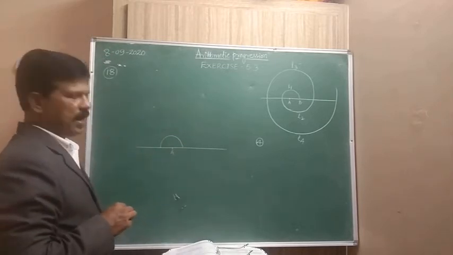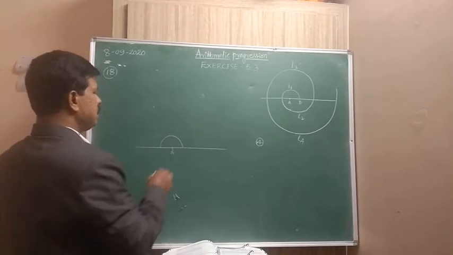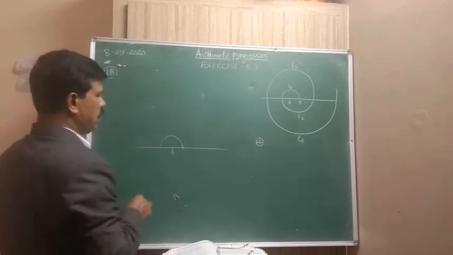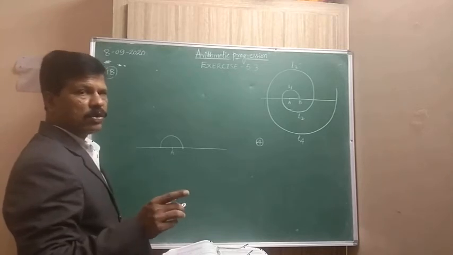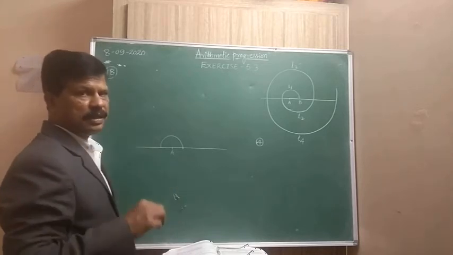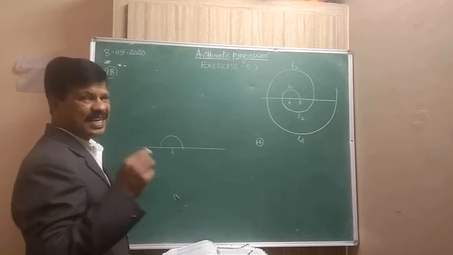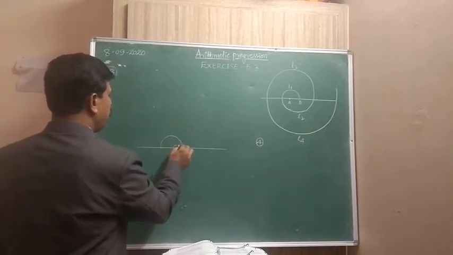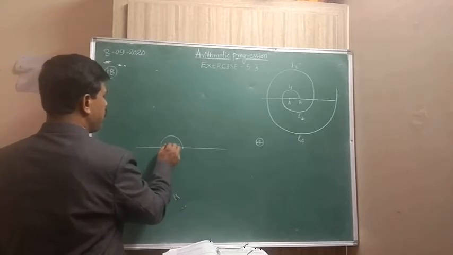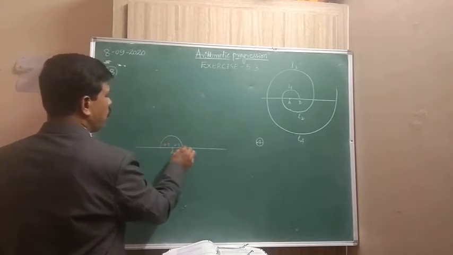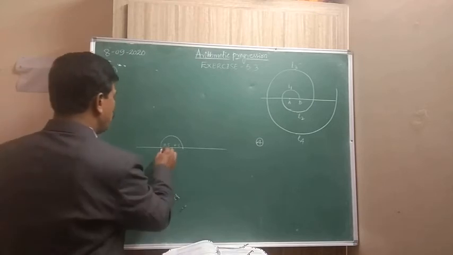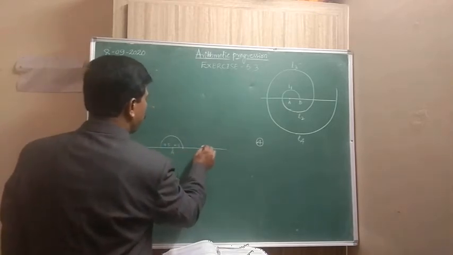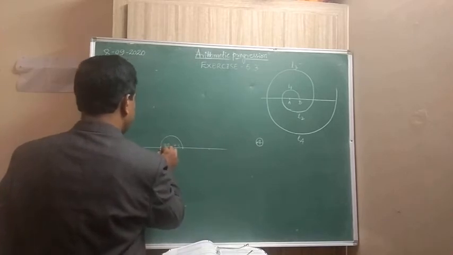Okay. Now next, making this as center and radius equal to 1 centimeter. That means 0.5 increased. So from here to here is 0.5 and from here to here is 0.5. So totally 1 centimeter. So 1 centimeter radius means here is 1, here is 0.5, 1. So your spiral is like this.